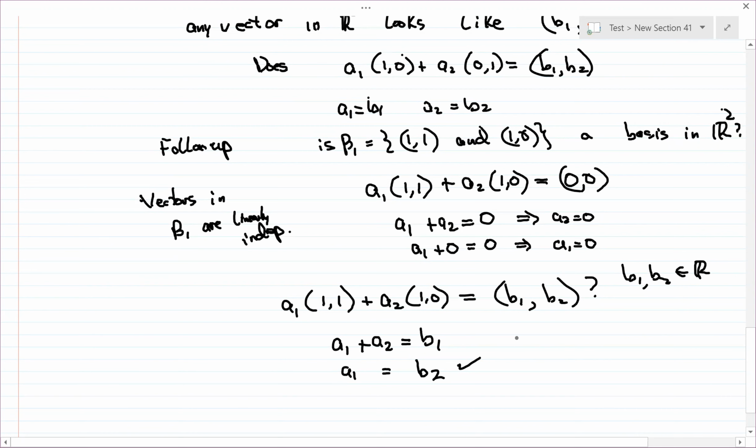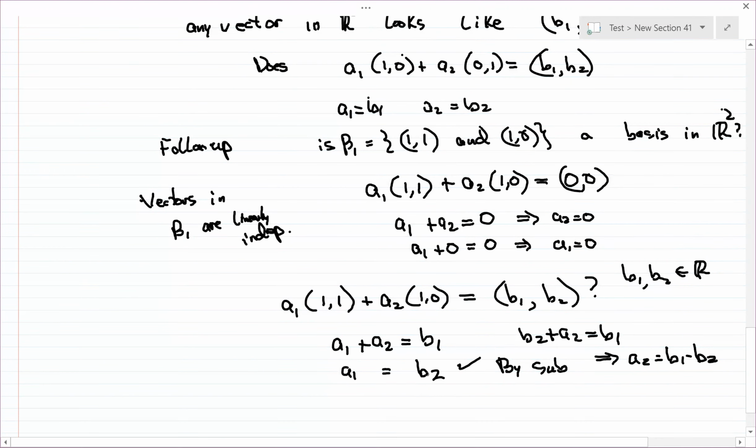So what would it say? It's by substitution. It would say that A1, which is B2, plus A2 would have to be equal to B1, which implies what? That A2 would have to be equal to B1 minus B2.